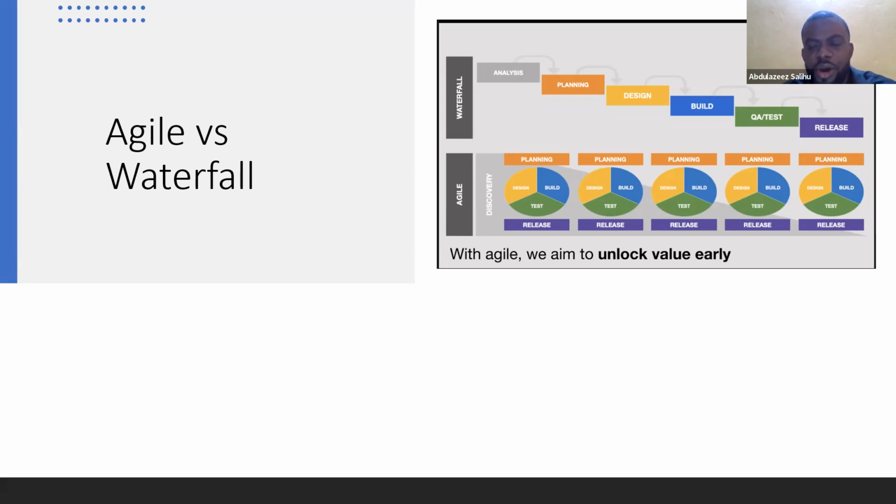This is the beauty of the Agile framework, the Agile philosophy. It allows you to what? To quickly meet your market demand.